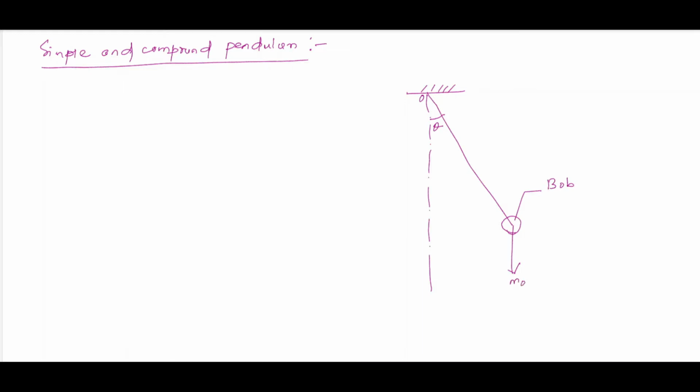Its weight is mg. Okay, let's say if you extend the string direction, this angle will also be equal to theta, and the component of weight along this string direction is mg cos theta, and perpendicular to the string direction it will be mg sin theta. Okay. Now we can write first about the simple pendulum we are discussing.